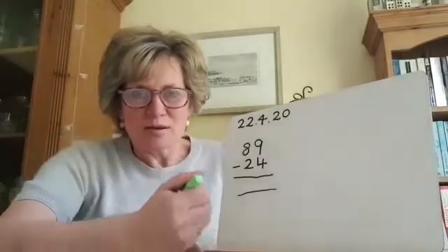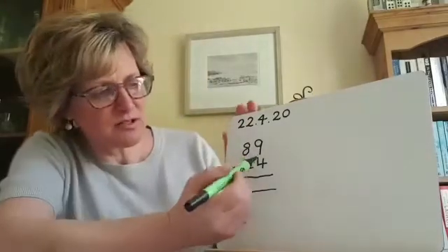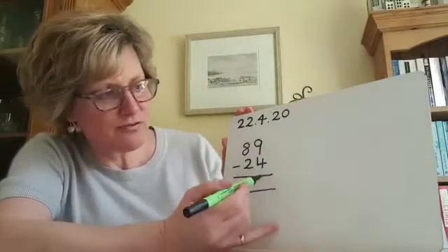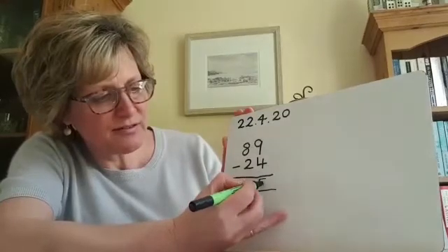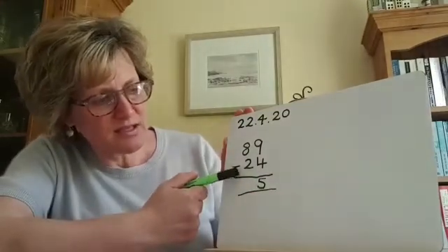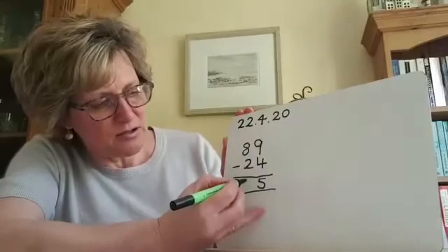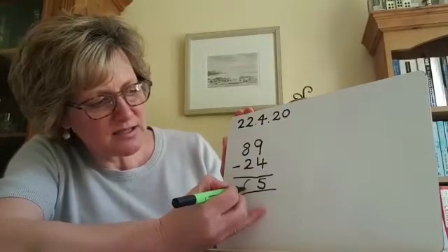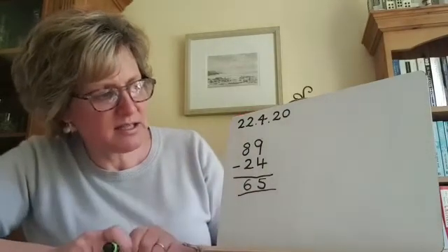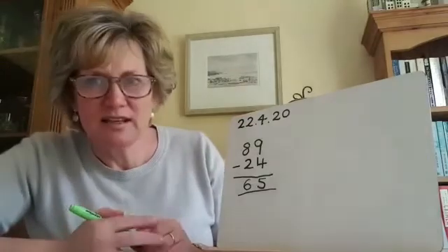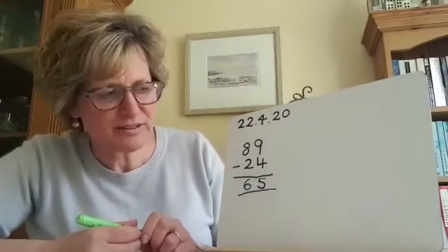So this is a nice simple column subtraction because yes, we can take 4 from 9, giving us 5. And yes, we can take 2 from 8. 2 10s from 8 10s makes 6 10s. So 89 subtract 24 gave us an answer of 65.